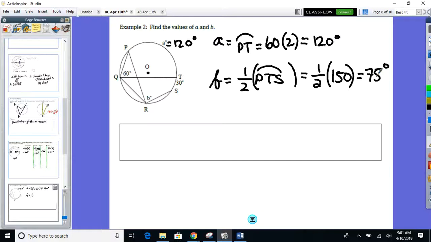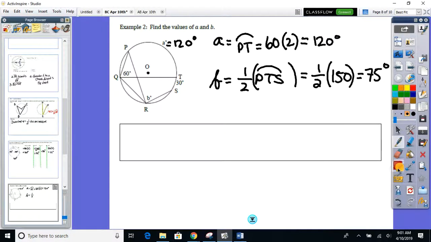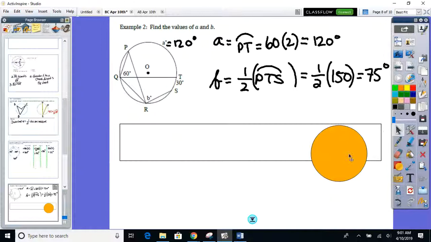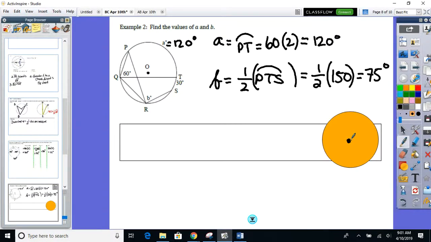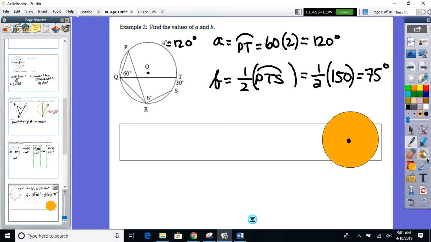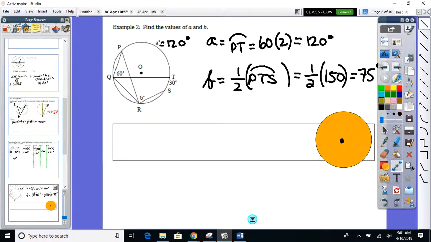Okay, somewhere around here in the box near it, I need you to draw a circle for me. Draw a circle, put a center in it. You don't need to name the center in this case. Please draw in a chord AD.